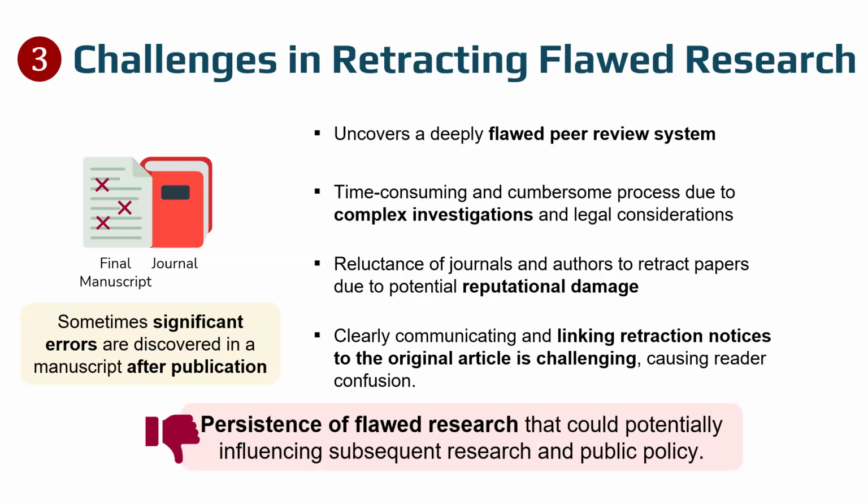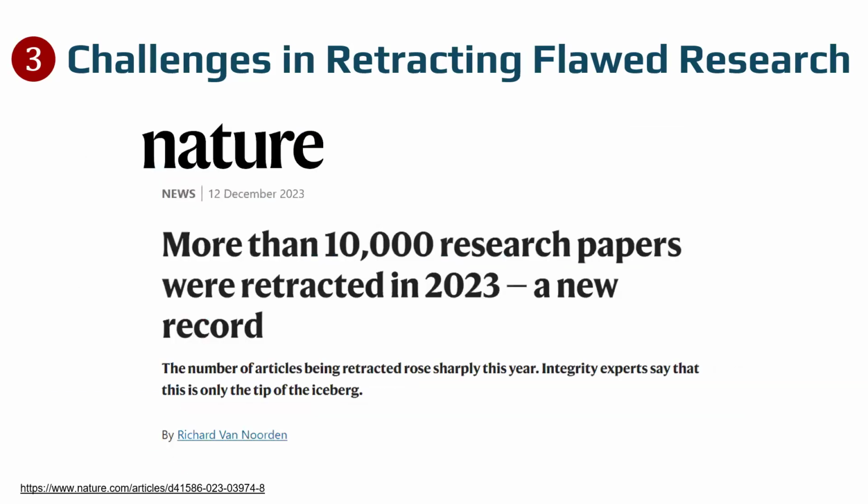This results in the persistence of flawed research that could potentially influence subsequent research and public policy. If you have research with problems out there for a long time, more people will use it to build on. More researchers will build on these flawed studies, and maybe even policies will be built on them. So this is a big problem.